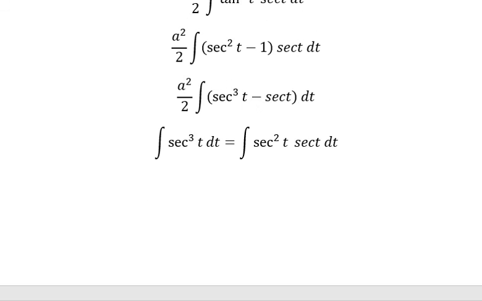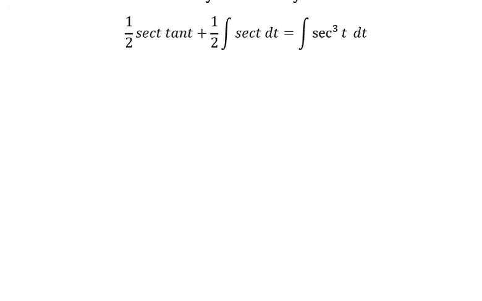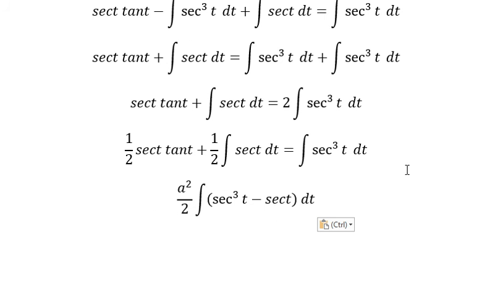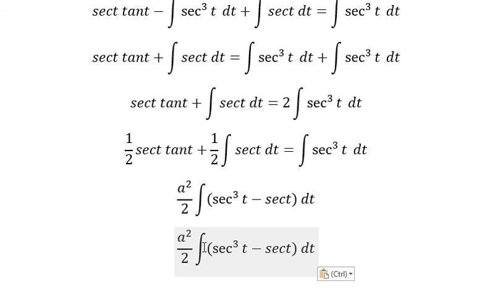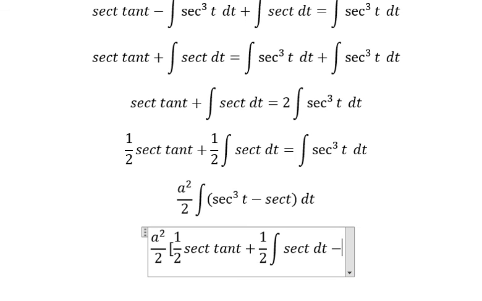And now we return back to this one. The integration of secant of t to the power of 3, we get this one in here. Next, we minus the integral of secant of t.